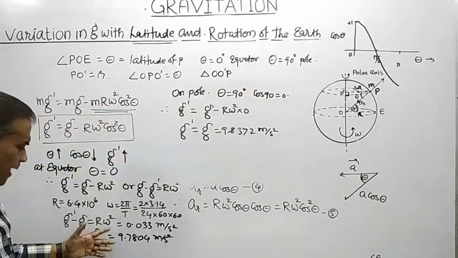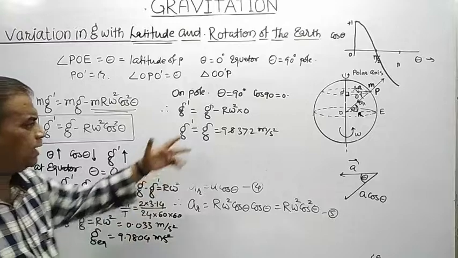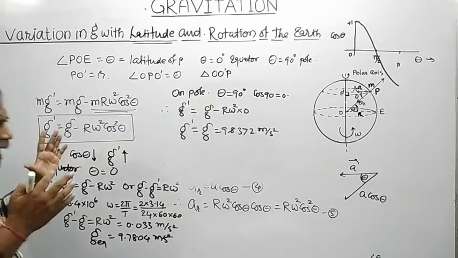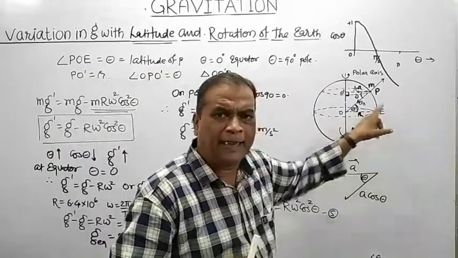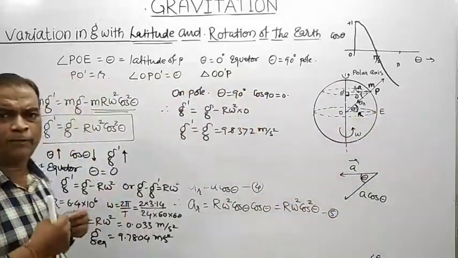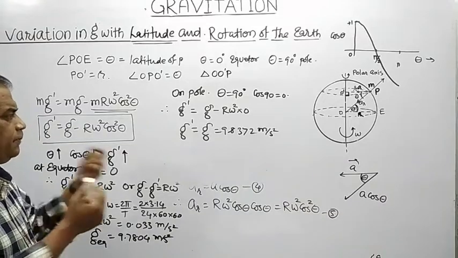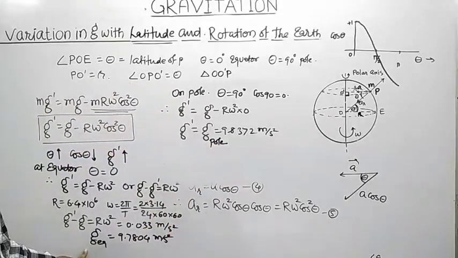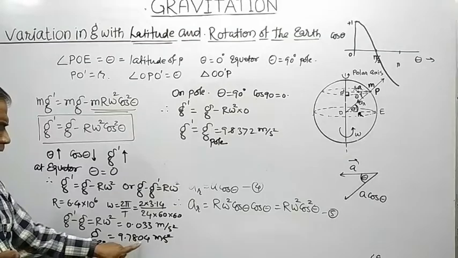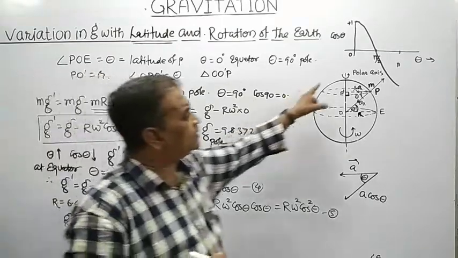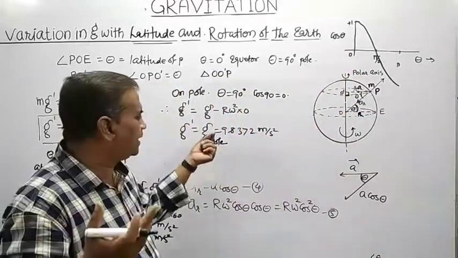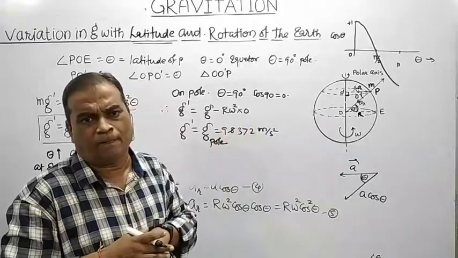So from these values, 9.7804 and 9.8372, we can conclude that acceleration due to gravity at any point along the equator of Earth is less, that is 9.7804, while acceleration due to gravity at any point on the pole is maximum, that is 9.8372.